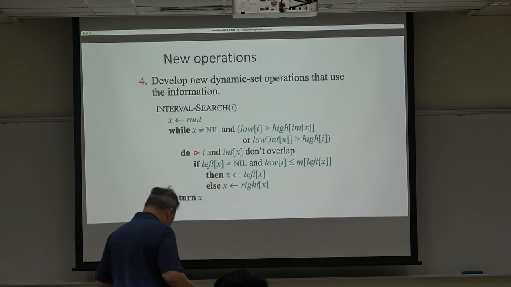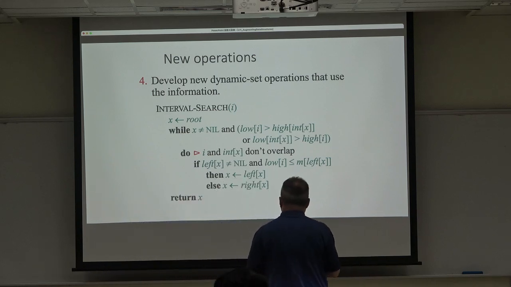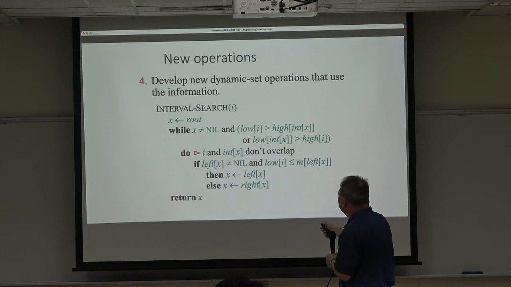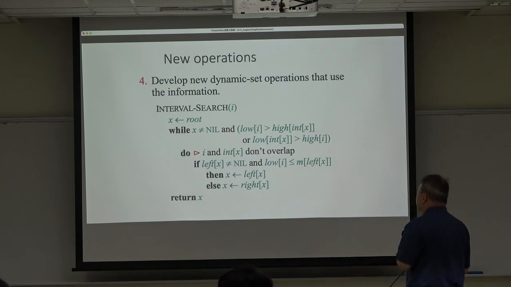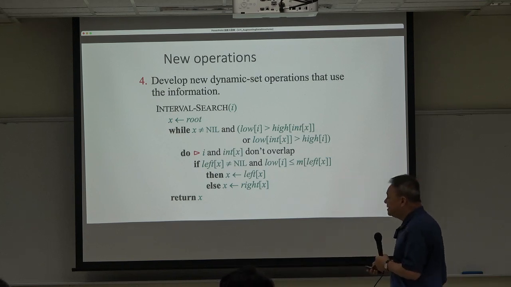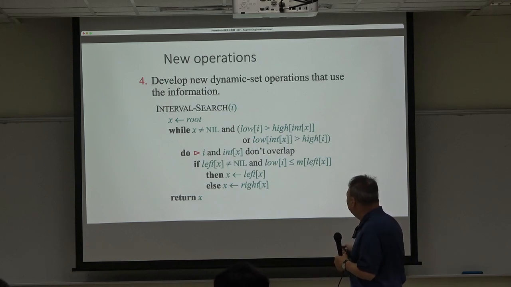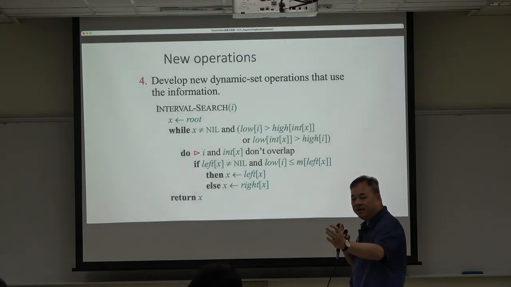What is that? What is low I? Low I basically means the left endpoint of I, right?